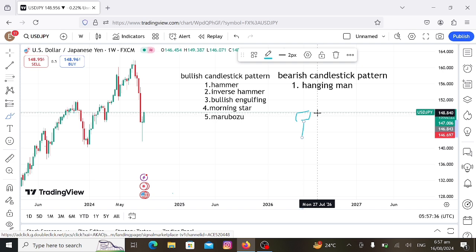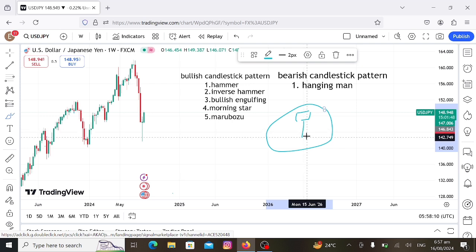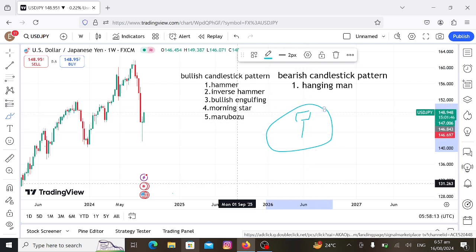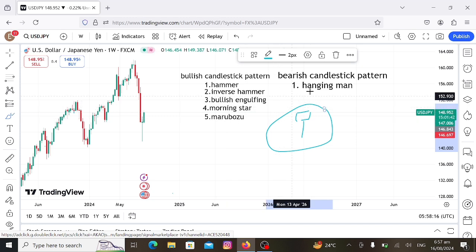If this should be an uptrend, we say this is a hammer. But since it's a downtrend, it's referred to as a hanging man because what you are looking for is a hanging man.